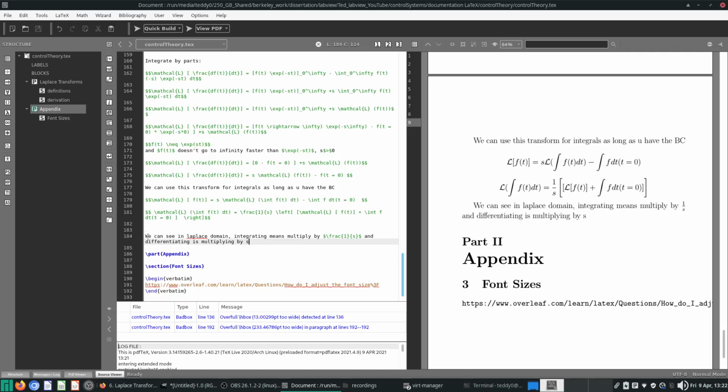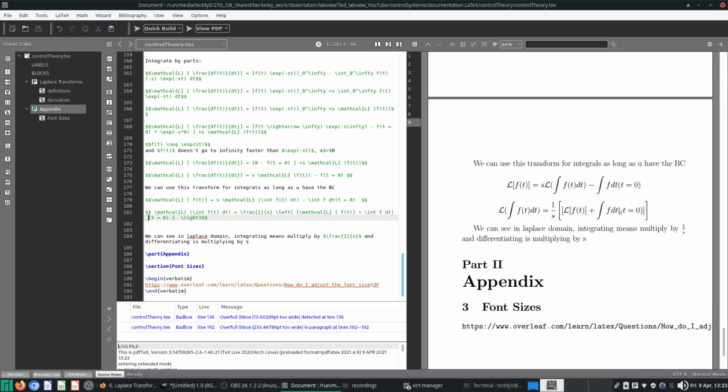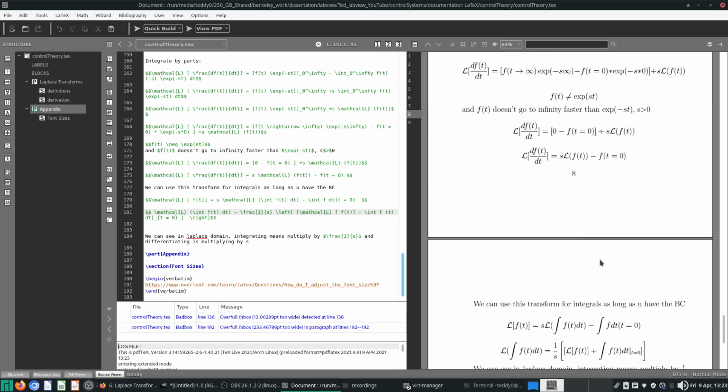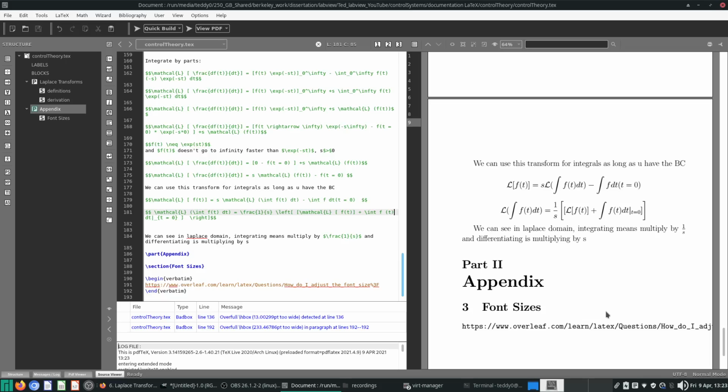Maybe I'll do it in a more proper notation kind of manner. Let's put some curly brackets here, so that you can see the subscript. And let's put f of t here. So this is basically the Laplace transform of the integral and derivative. Now once you have this, you have very powerful tools which you can use to derive other Laplace transforms.